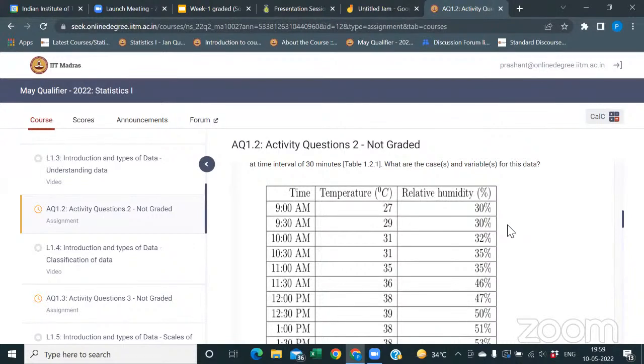Temperature is 27 degrees Celsius and humidity is 30%. And for that 9 a.m. you have a row. 9 is unique. That's why it's a case.